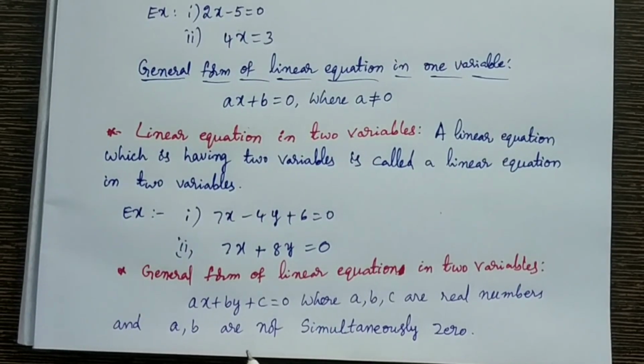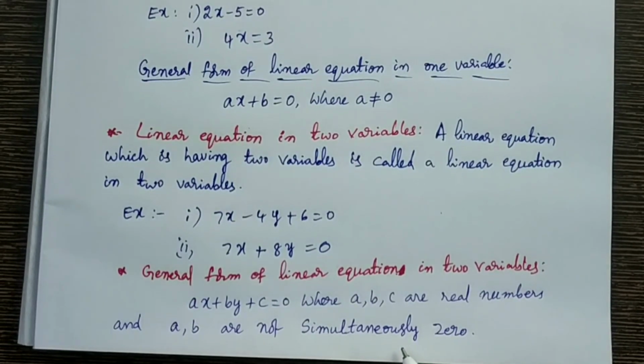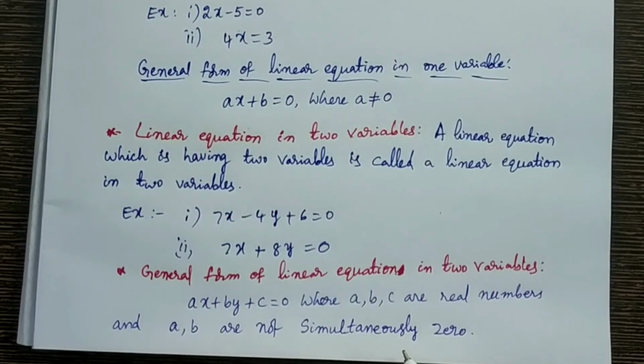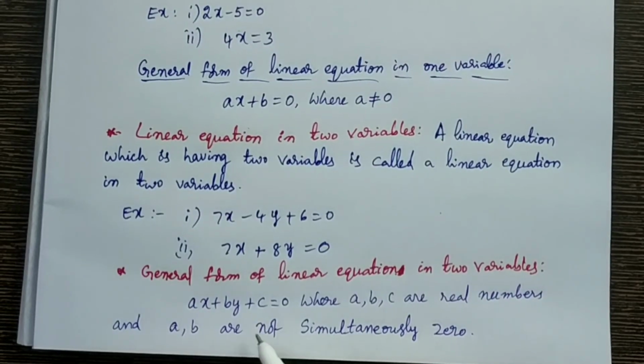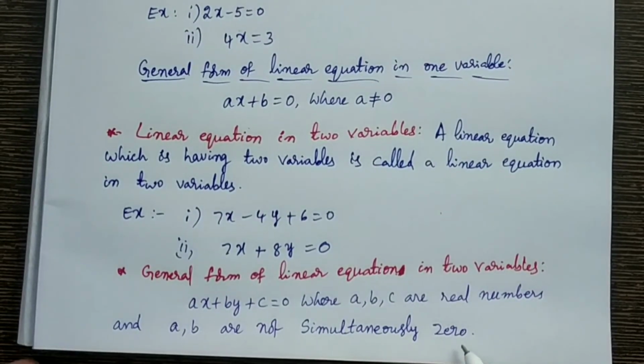Here, a and b not simultaneously 0 means a and b should not be 0 at the same time. Then it will not be a linear equation. That's why a and b are not simultaneously equal to 0.